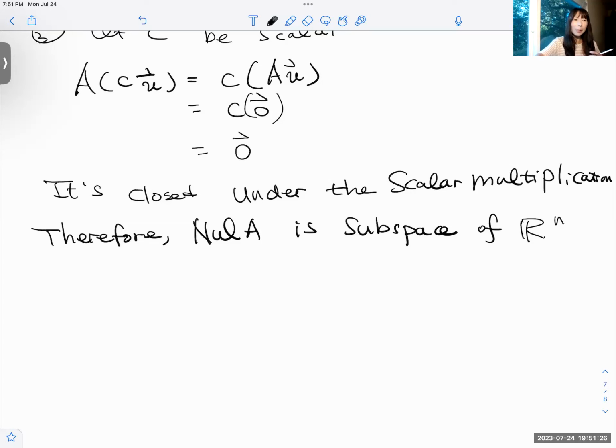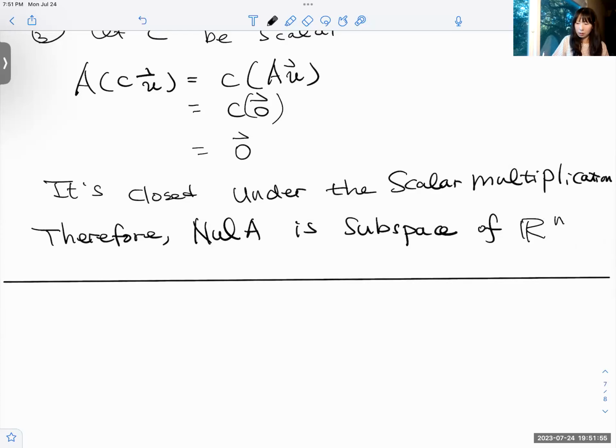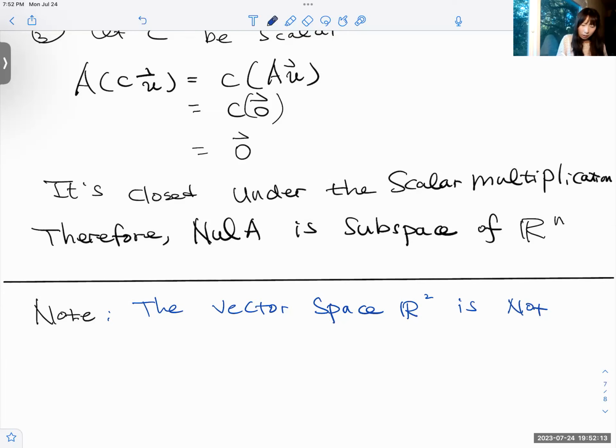All right, so let us talk about basis. Oh, before that, maybe we make some notes. Note: if the vector space is two-dimensional, it's not a subspace of R3.